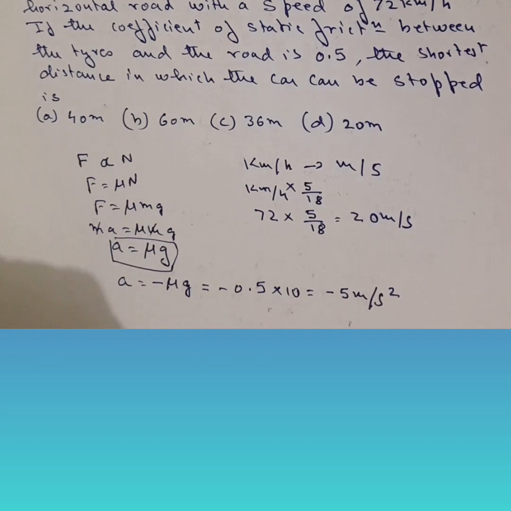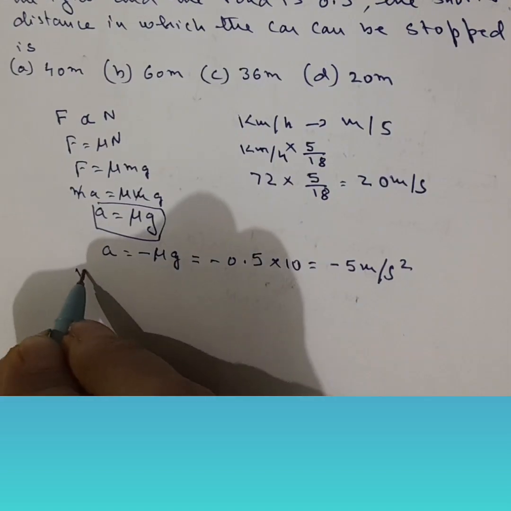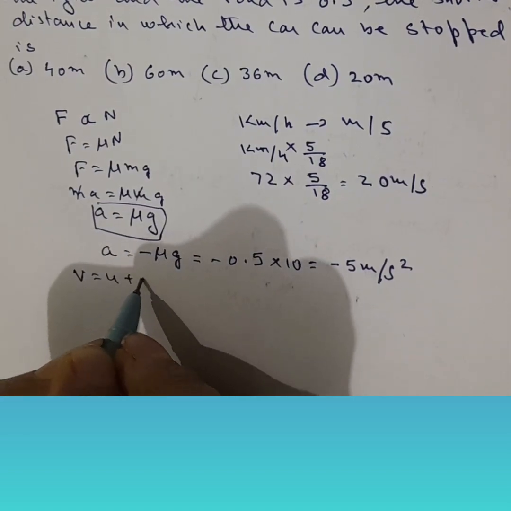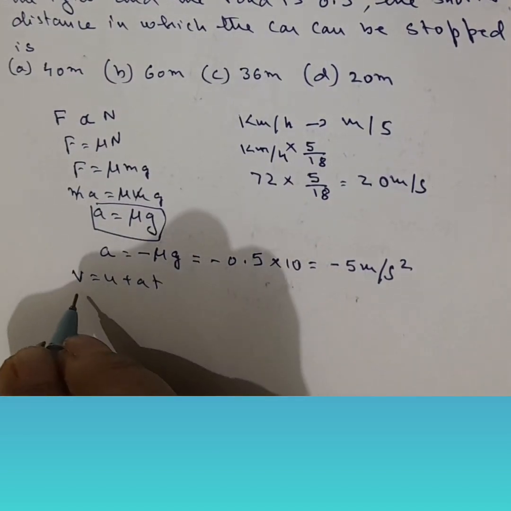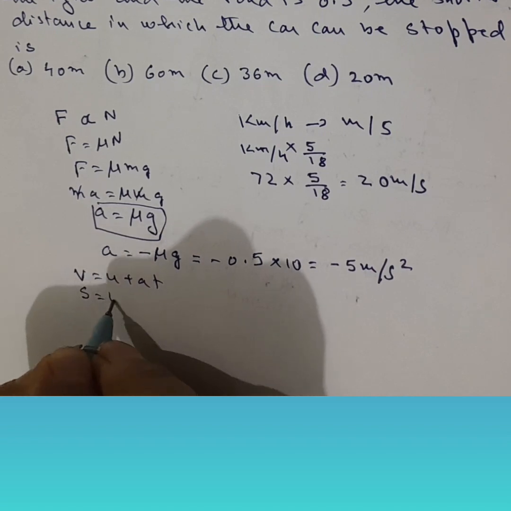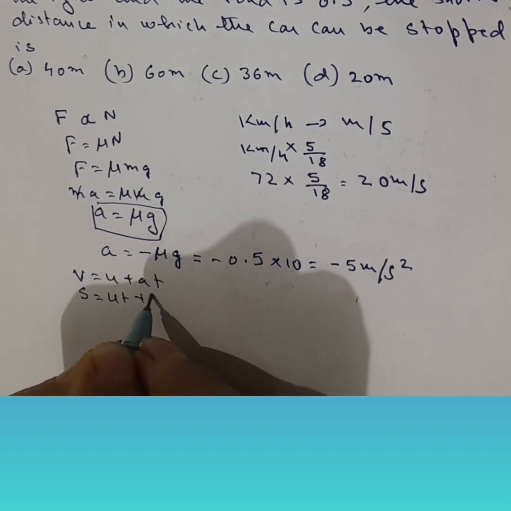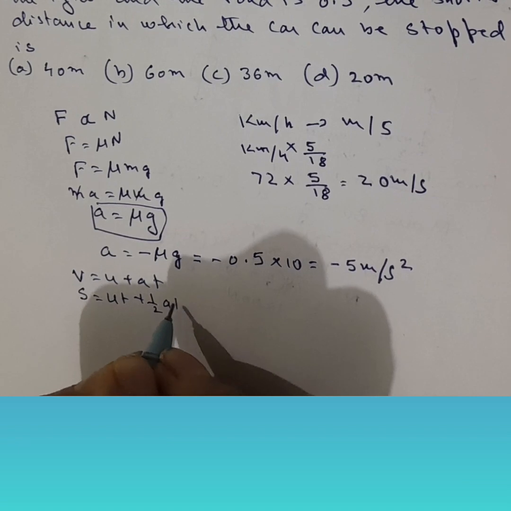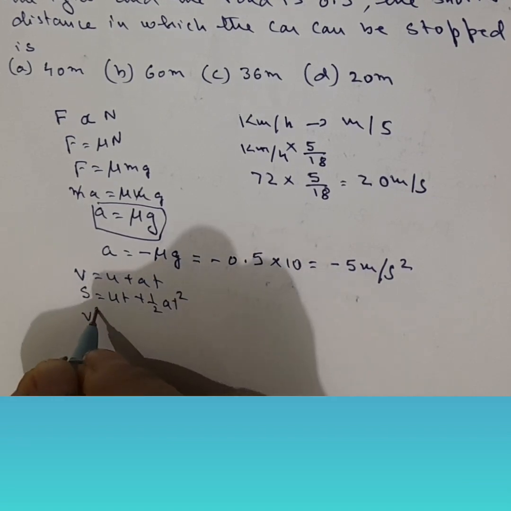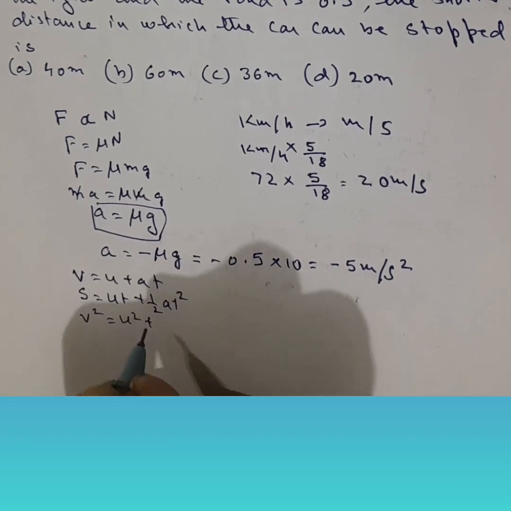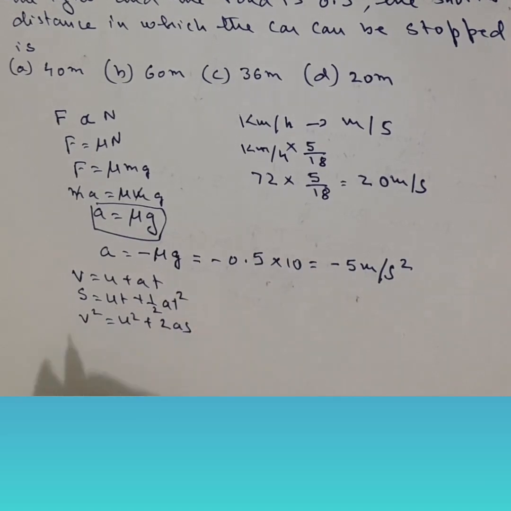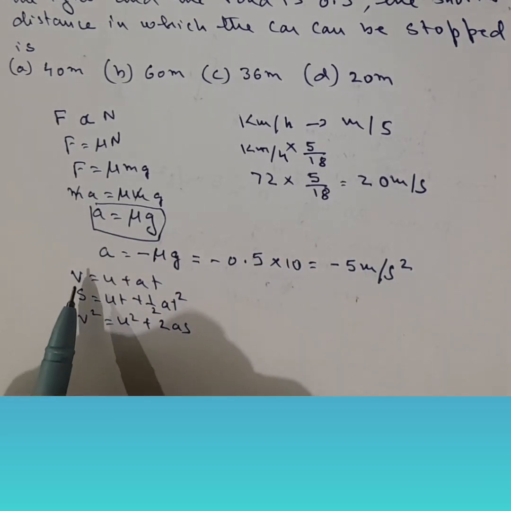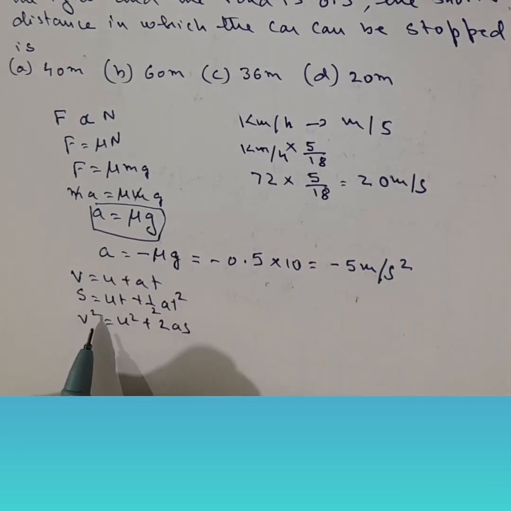Now, I hope you are aware of all the three kinematic equations. One is v is equal to u plus at, s is equal to ut plus half at square, and v square is equal to u square plus 2as. Presumably you are aware of all these three kinematic equations.